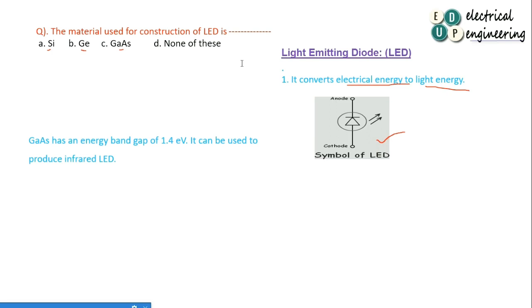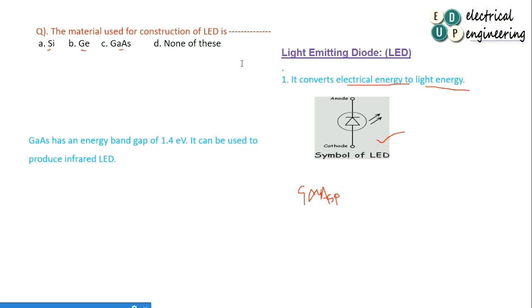To maintain the color and wavelength of the light, we add some impurities, which are gallium arsenide or GaAsP, which is gallium arsenide phosphide.